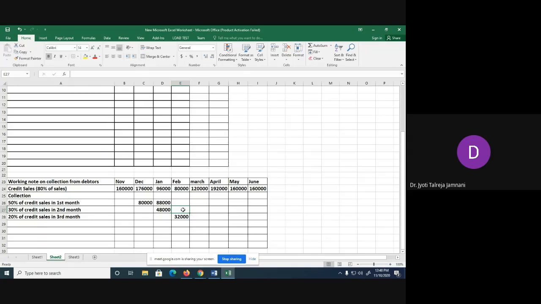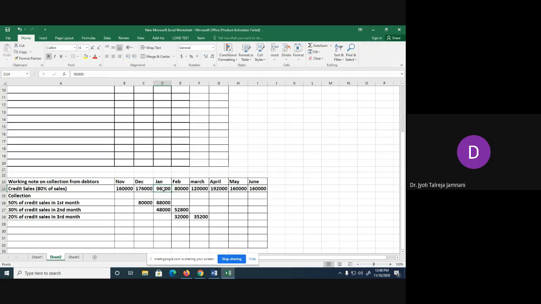So 30% of 1,76,000 is 52,800. And 20% of 1,76,000 is 35,200. So when I add all these three, 88,000 plus 52,800 plus 35,200, it becomes 1,76,000. So this is how we have collected for December.